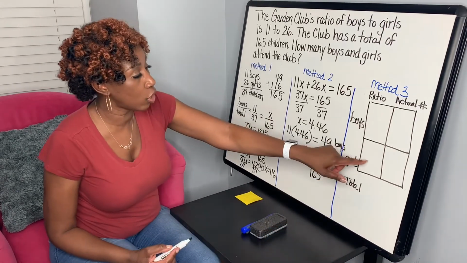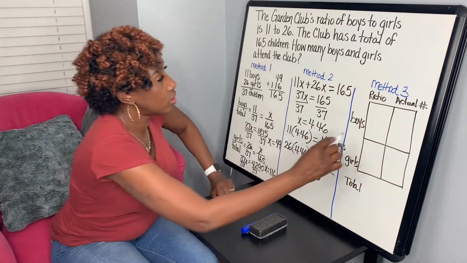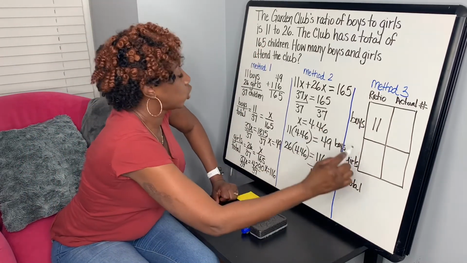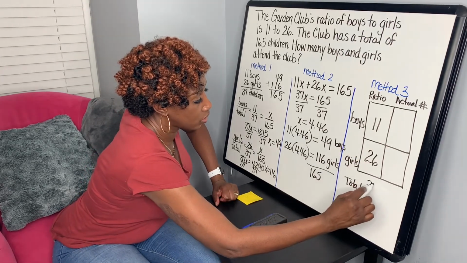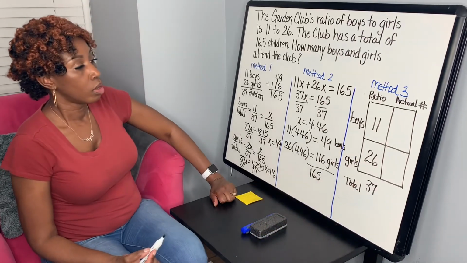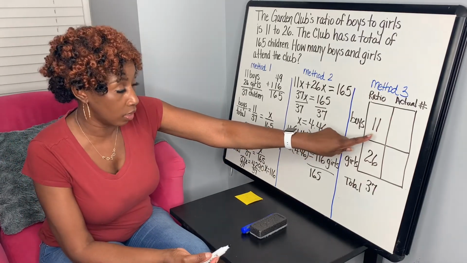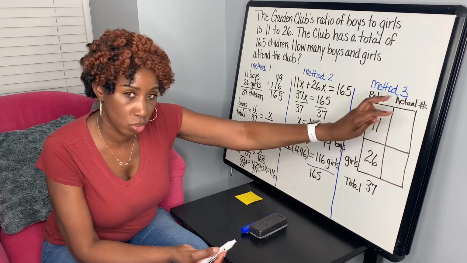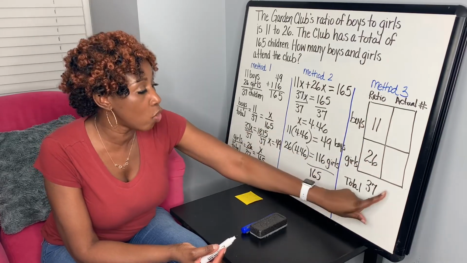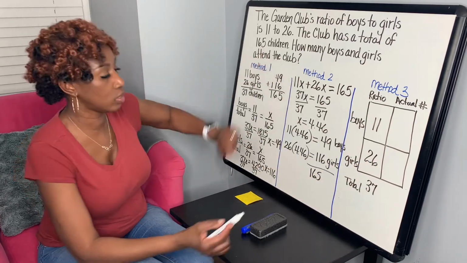In my ratio, I was given that I had 11 boys and 26 girls, which gave me a total of 37. For the actual, I don't know yet how many boys and girls, if this was the first time I was solving it, but I know that my total is 165.